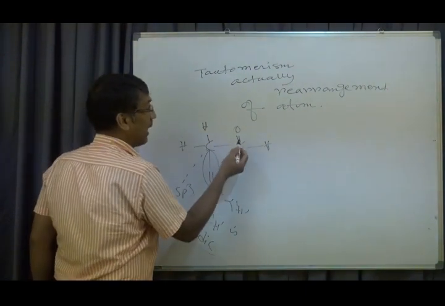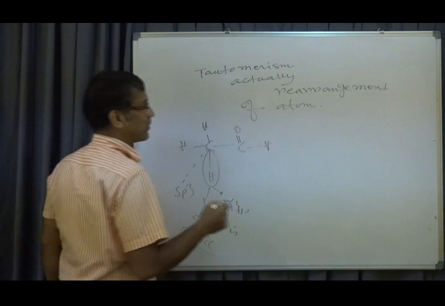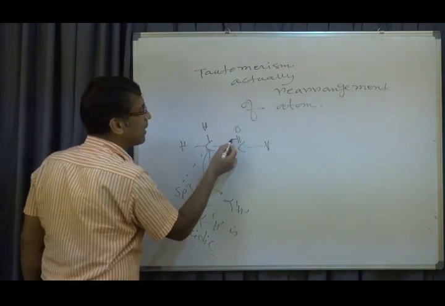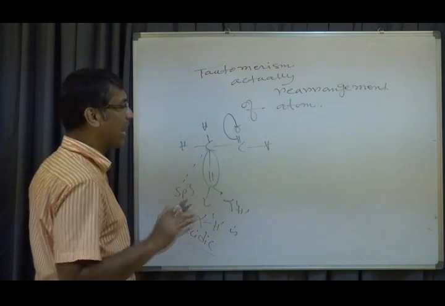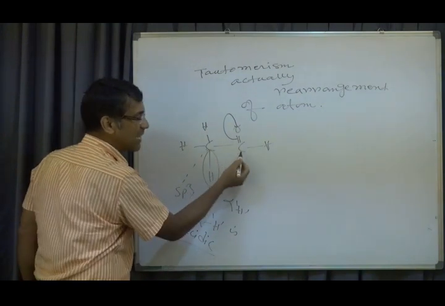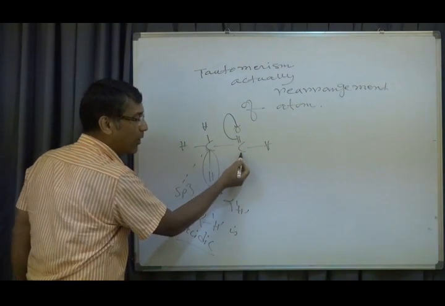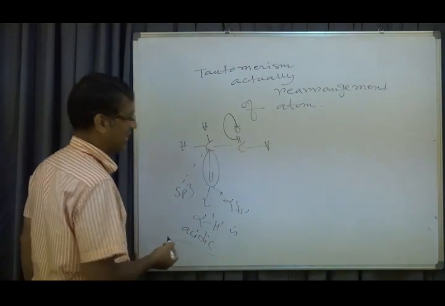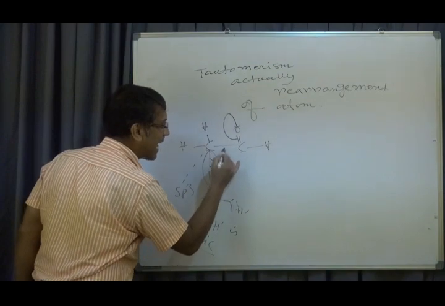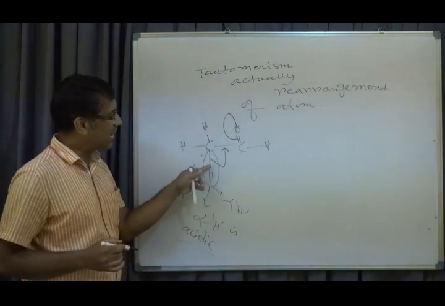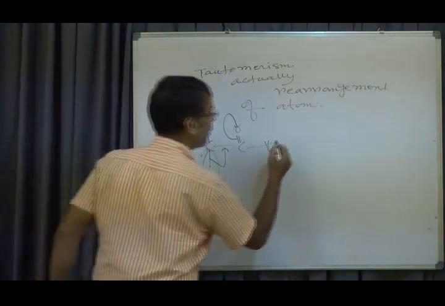So in the rearrangement of atoms, the pi bond will shift towards oxygen because oxygen is much more electronegative. As a result, carbon attains a positive charge, and this hydrogen gives up its electron.